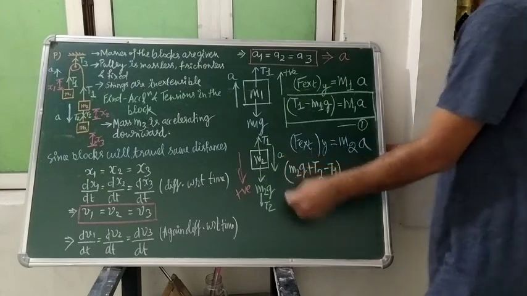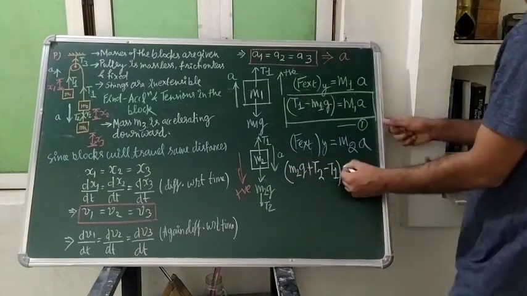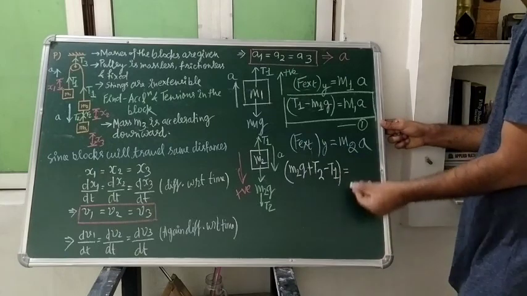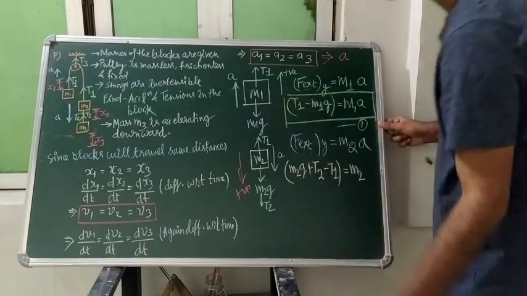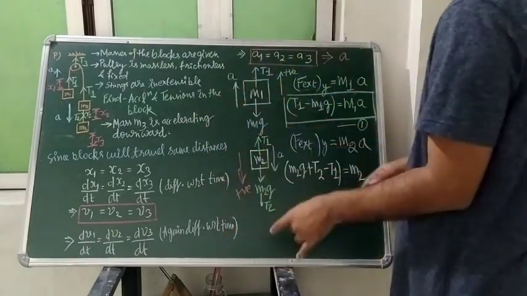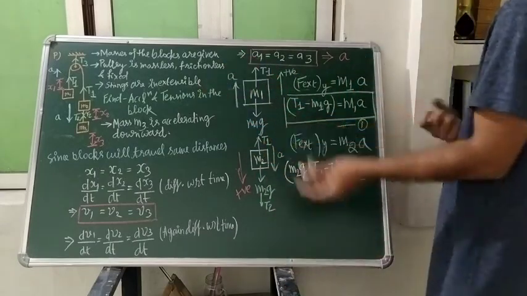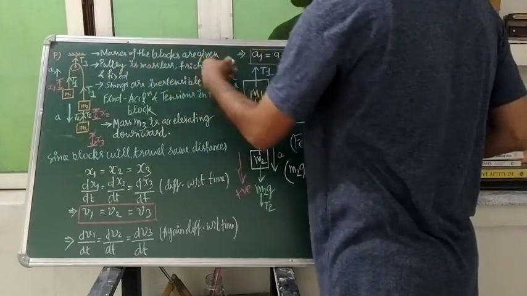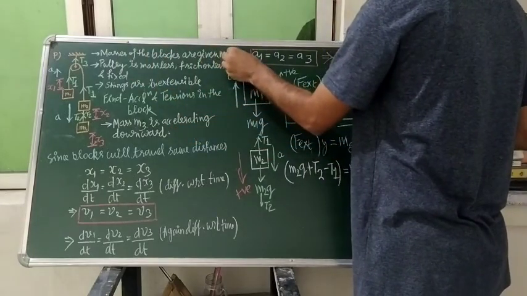These are the only external forces acting in the y direction, and that should equal the mass times the acceleration of the block. The mass is m2. Masses are not the same; if the mass were the same, no movement would take place. It will not travel any distance if the masses are the same. Masses should be different, so the masses of the blocks are given as m1, m2, m3.